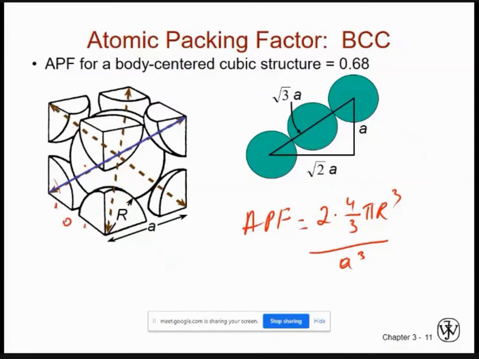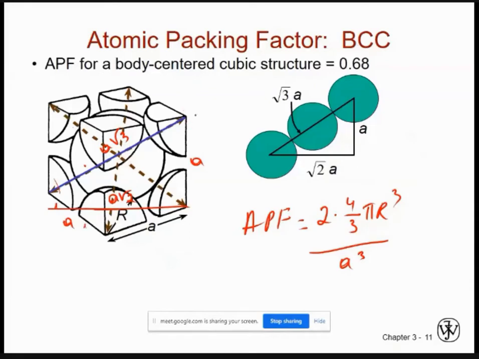If I know that this is side A and this is A, I can draw a triangle over here. So it will be A square root of 2 by using the Pythagorean theorem. This is A, so A square root 2. This will be A square root of 3.